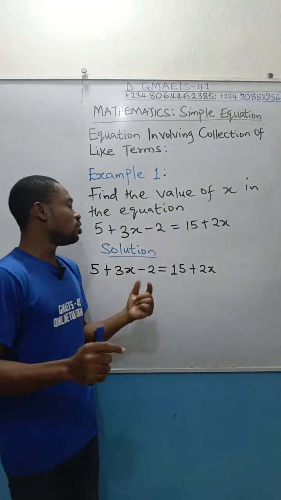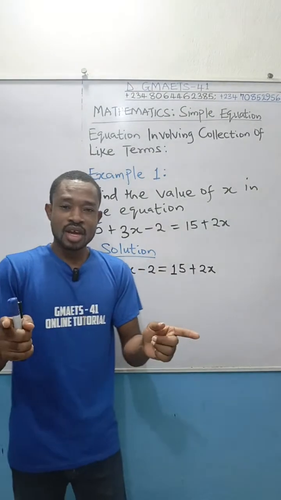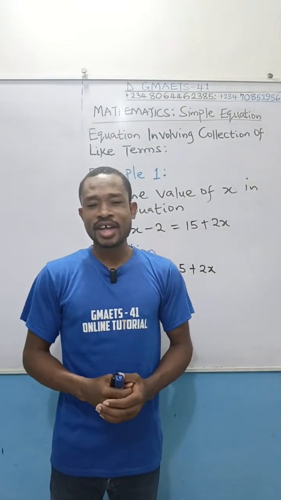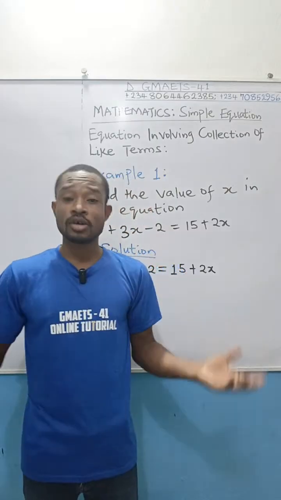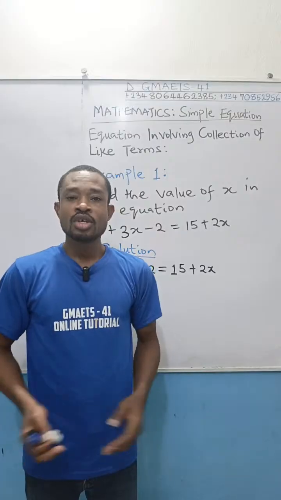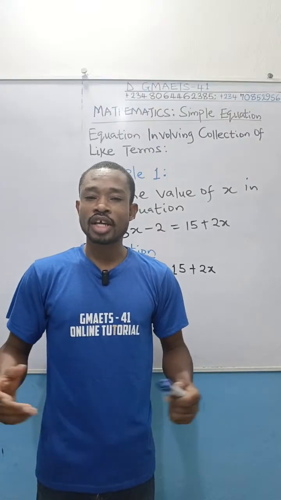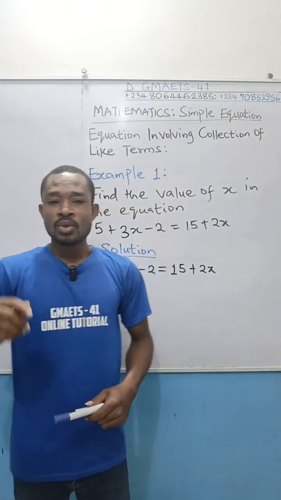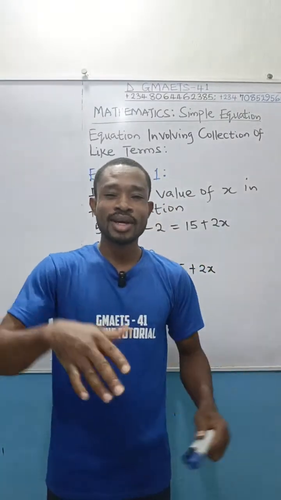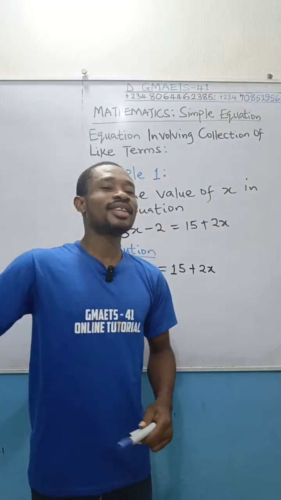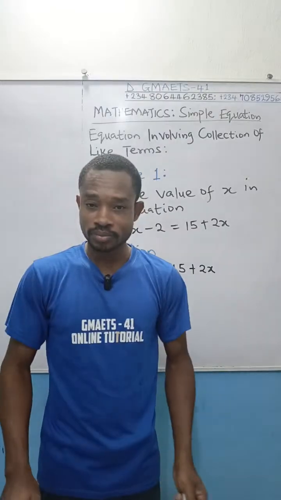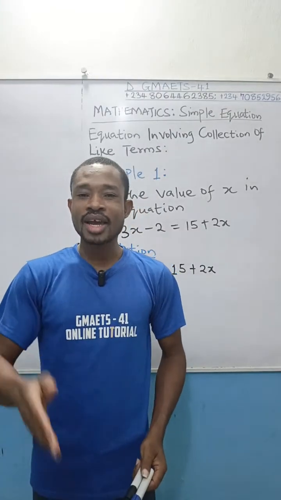So, anytime you are looking for an unknown, and you observe that you have plus or minus between it and something else, you must do what is called collection of like terms. When you have plus or minus between what you are looking for and another thing which does not contain what you are looking for, you must collect like terms.